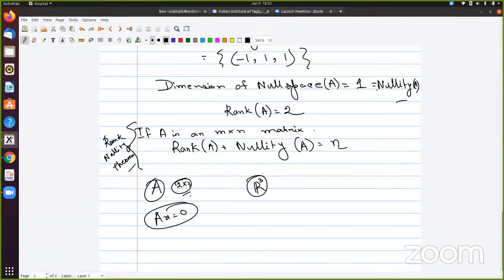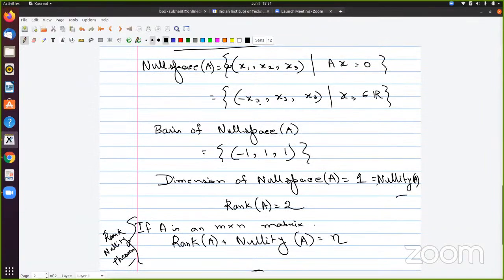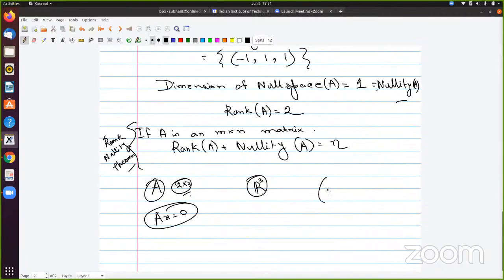And we have calculated that this is a one-dimensional vector space. How does it look? It is basically (x3, minus x3, x3), right? So if we write it in terms of t as a parameter and vary t, we get this subspace. This will be a straight line inside R3, right?